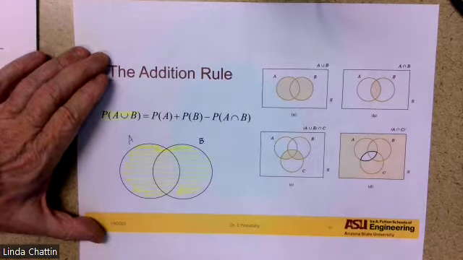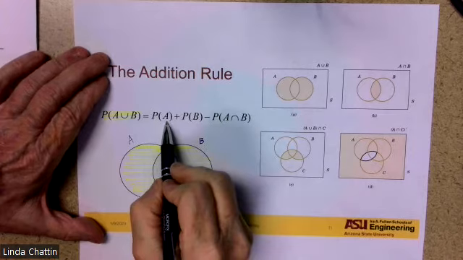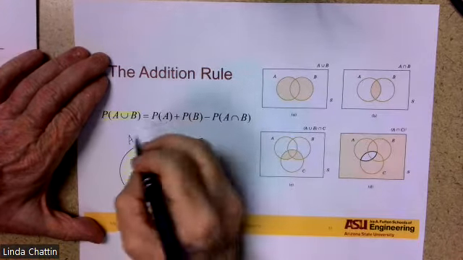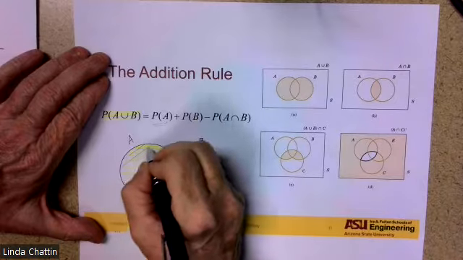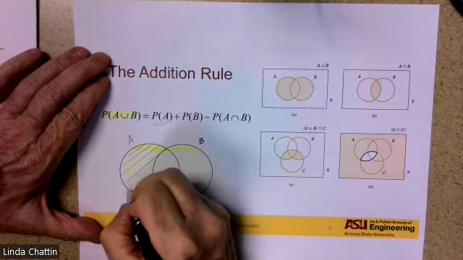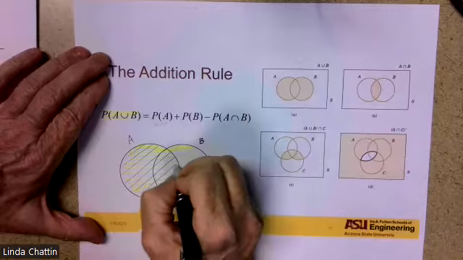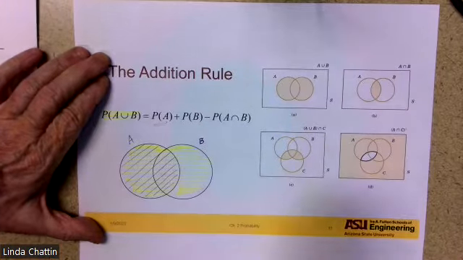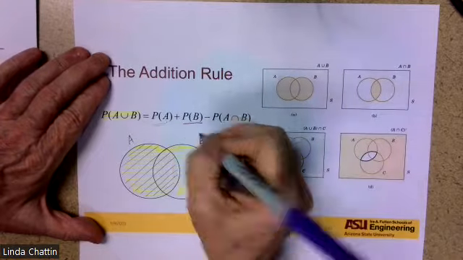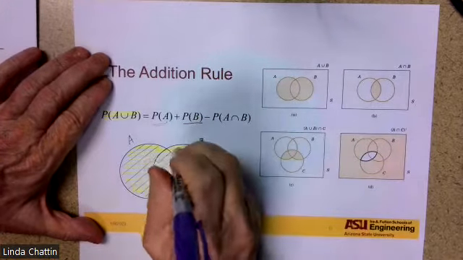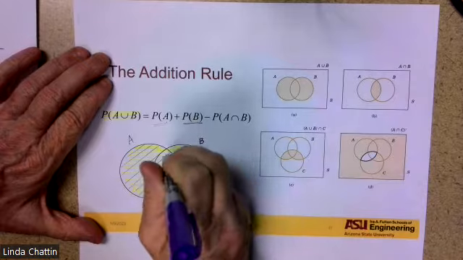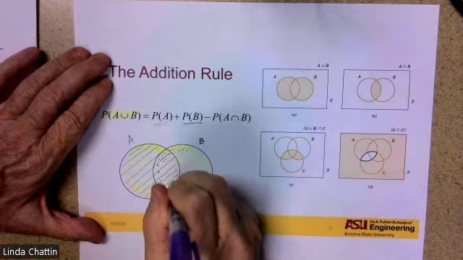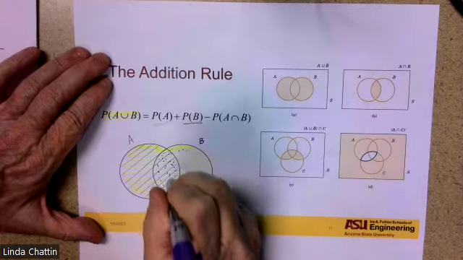Now, the probability of A alone, and I'm going to use this black pen here, would be all of this left circle. That's A. And the probability of B, I'm going to use this purple pen here, and I'm just going to dot that. So B is going to be this right circle, but notice that it goes into that wedgy area in the middle.